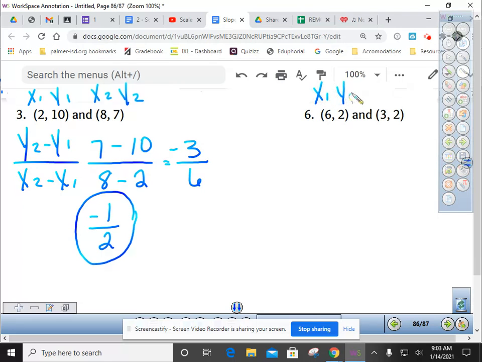X1, Y1, X2, Y2. Formula. Y2 minus Y1 divided by X2 minus X1.